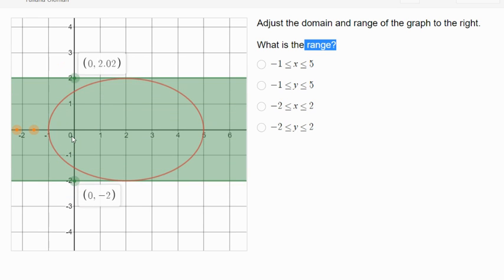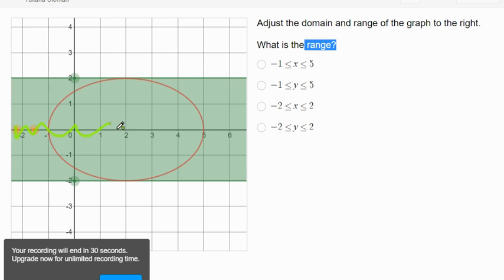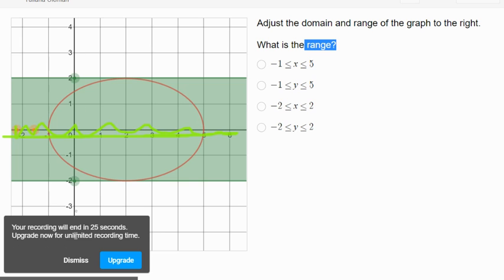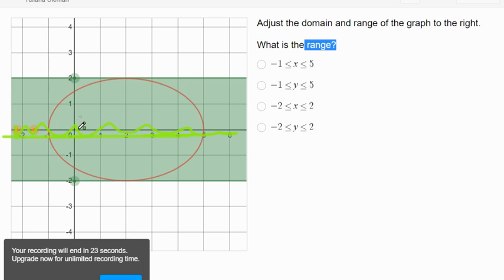So guys, when you're looking at range, the only thing I'm looking at is the y-axis. These numbers don't even matter. I don't even care about these. These mean nothing. The only ones that I'm looking at are top to bottom. So it's going to be -2 to 2. Notice it's a y and not an x, right? All my x's are gone.